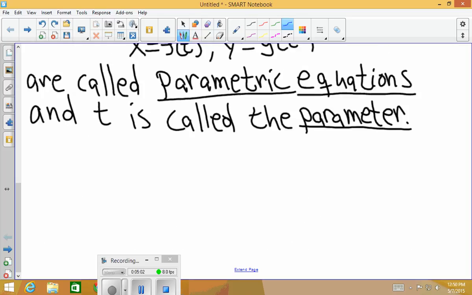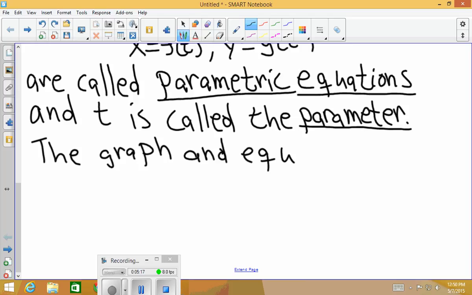The graph and equations together are called a plane curve.